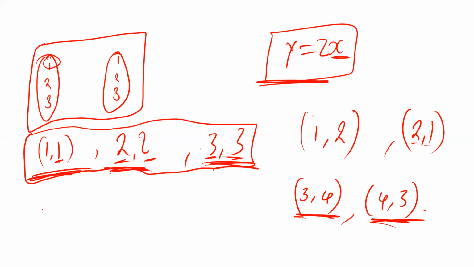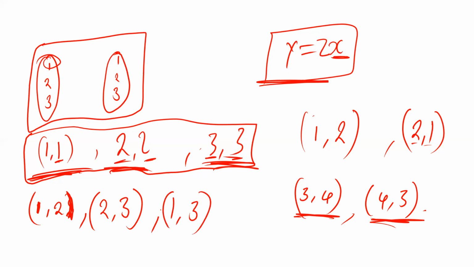What you need to understand is that if after putting in 1 the answer that you are getting is 2, and then after plugging in 2 the answer that you are getting is 3, and 1 also gives you another solution, which is 3, then that relation is said to be transitive.